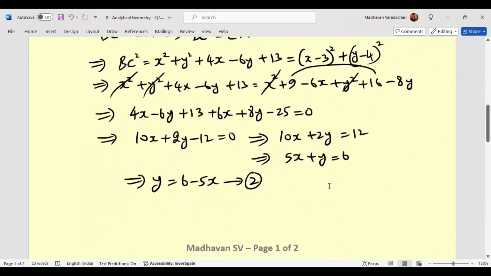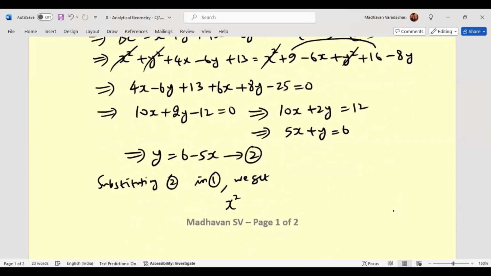We will substitute now equation 2 in equation 1. Substituting 2 in 1, we get, what is our 1? x square plus y square. Instead of y square, I'll write 6 minus 5x the square. And then plus 4x.